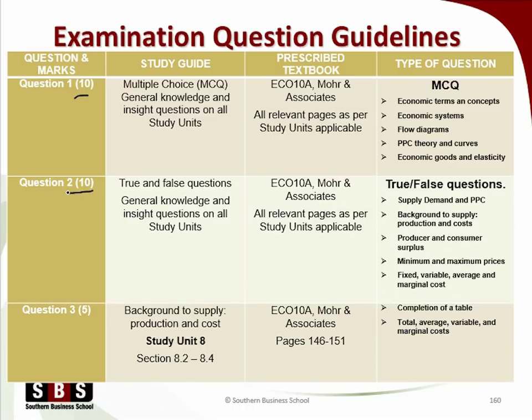That's for 5 marks. The focus point on that is the total, average, variable and marginal cost. As I say, this is very important to be able to calculate those. It's simply a formula that you use, and in a minute I'll show you more or less how that is calculated. And it's practice, that's all it is.